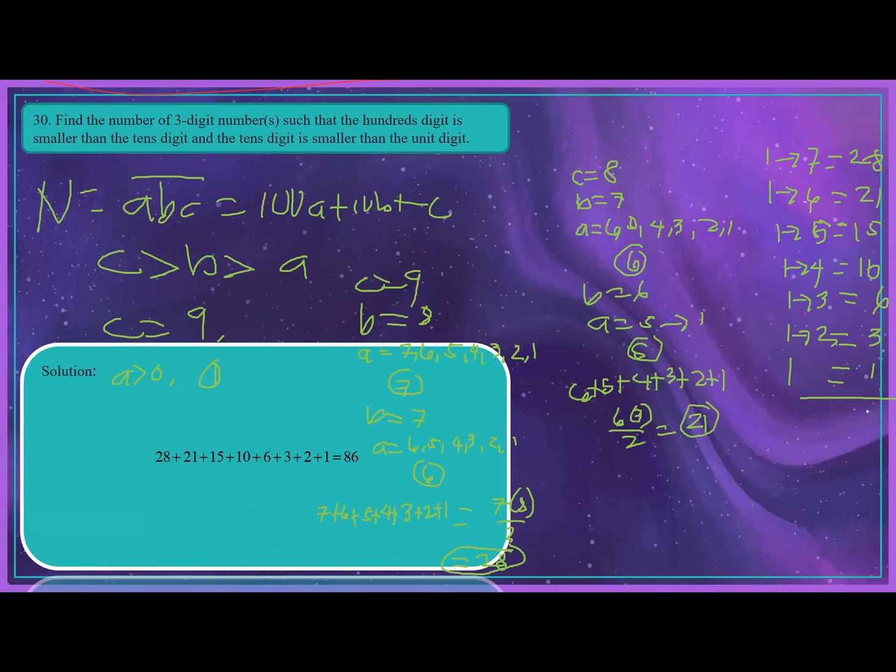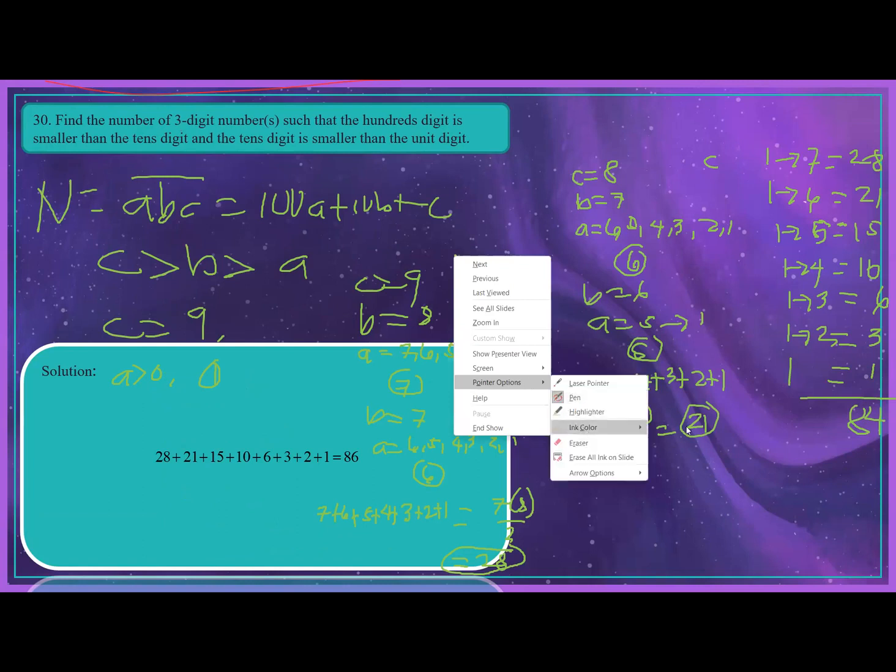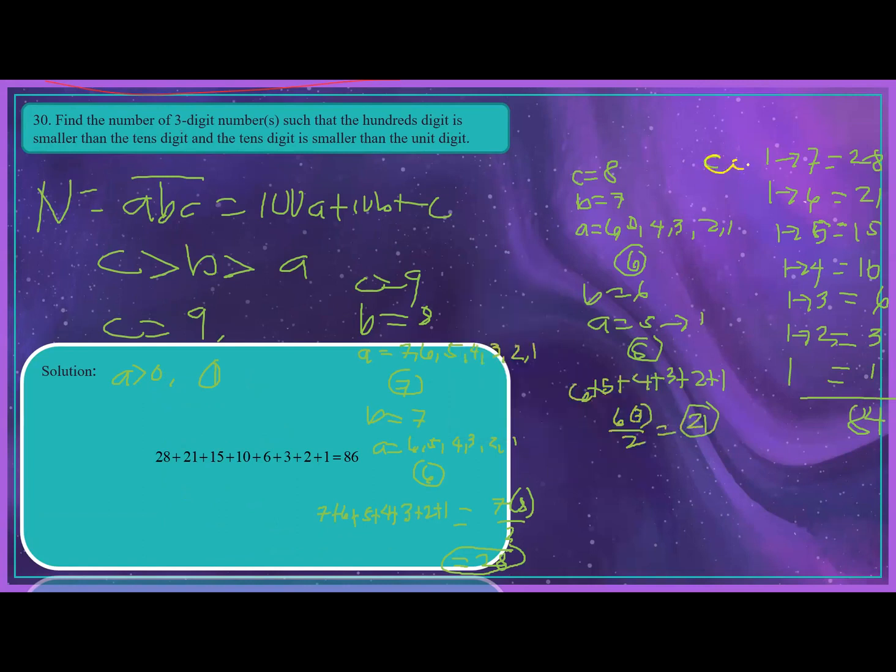So 84. This is when C equals 9, C equals 8, C equals 7, C equals 6, C equals 5, C equals 4, C equals 3. When C equals 3, you have B equals 2, and your A would be only 1. Okay, so this is correct.